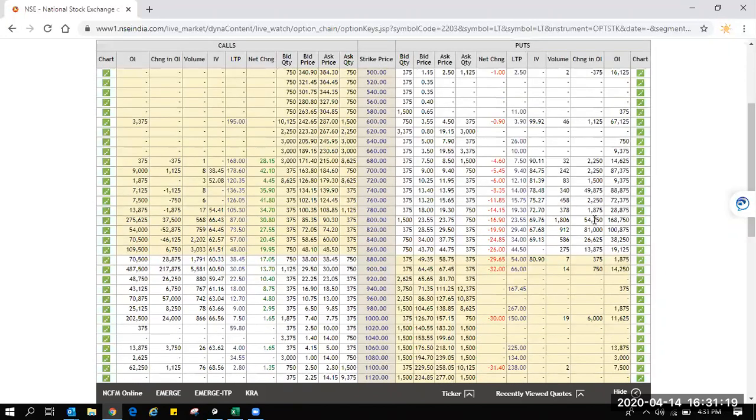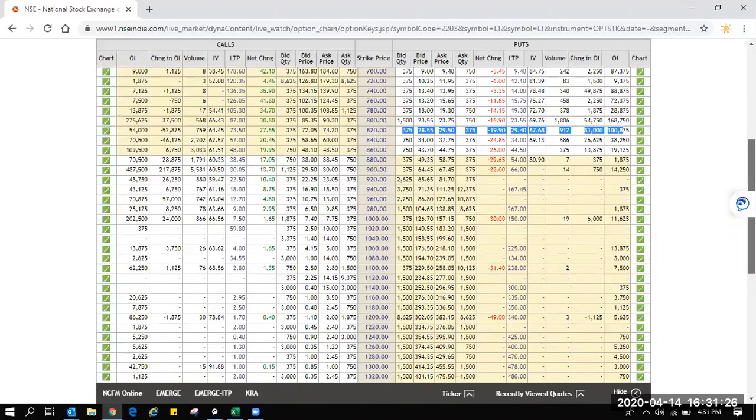Your first minor support comes at 820, and then 800. So LT will have two supports right now, at 820 levels and 800 levels.